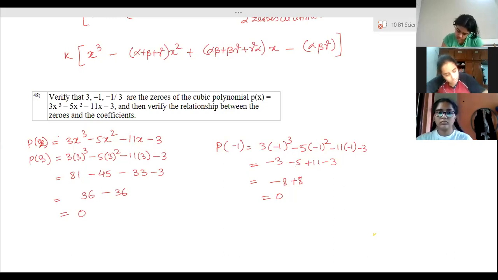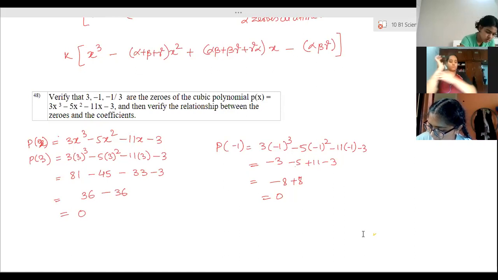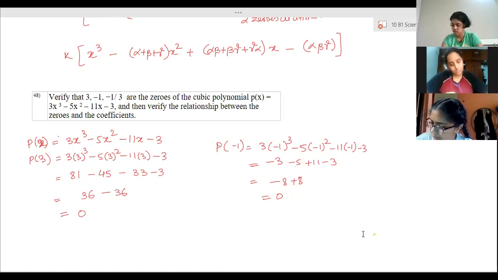Pritam, are you there? The third one I'm not getting. Not able to multiply with 1 by 3. I'm getting minus 1 by 9, minus 5 by 3, plus 11 by 3, minus 3. Check again.